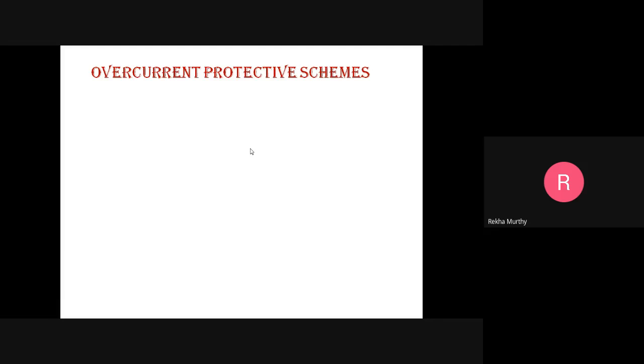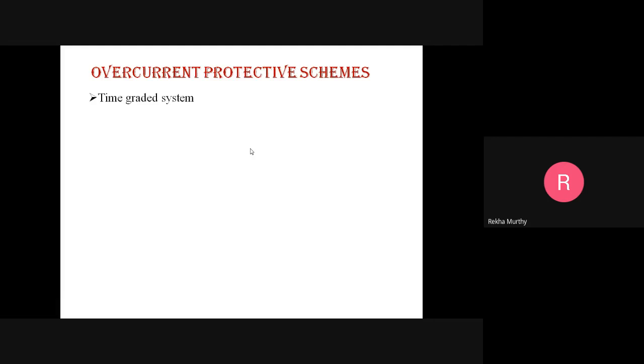Then only we can isolate the fault. So if a fault occurs beyond section C, then the circuit breaker at substation C only should trip, not the others. The circuit breakers at A and B should not trip, as far as normal operation is concerned.